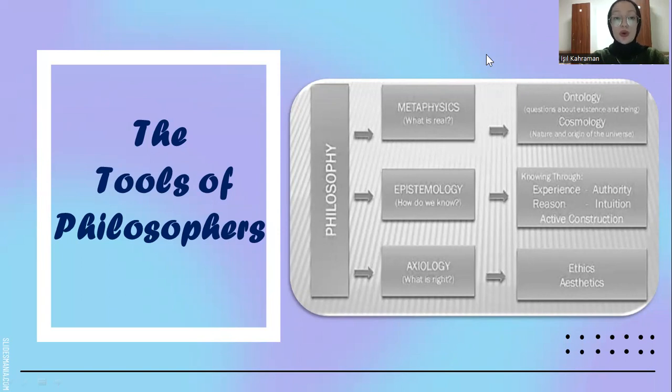Metaphysics is focused on what is real, which is the question about existence and being, while epistemology focuses on how do we know, and that is done through knowing through experience, reason, authority, intuition, active construction. And axiology focuses on what is right. And we can say that ethics, aesthetics.